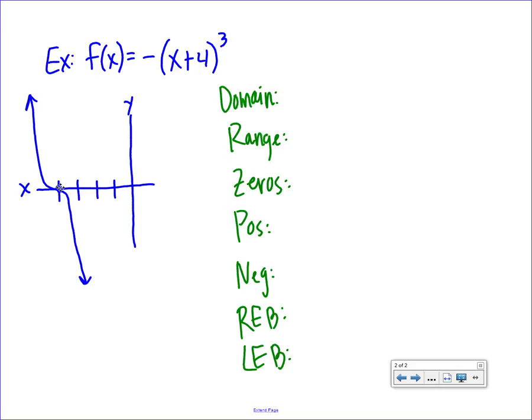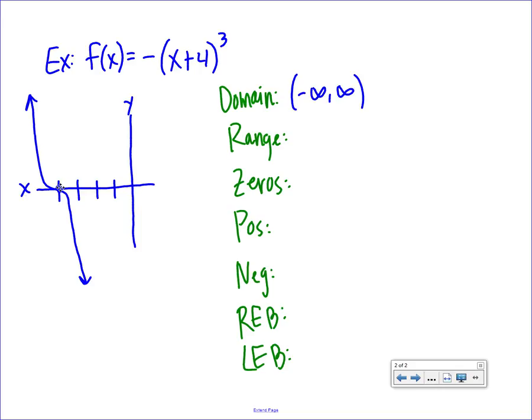So the negative made it flip. Now on the left side it goes up, and the right side it goes down. Okay, so what is the domain? Will it go forever to the left or to the right? Yes. So then the domain is negative infinity to infinity.